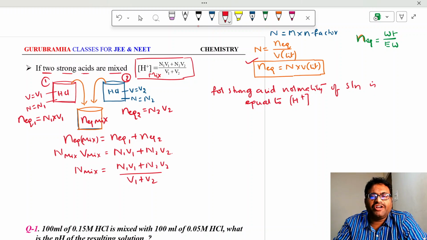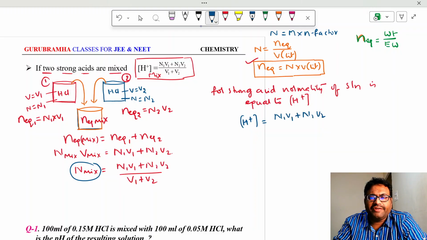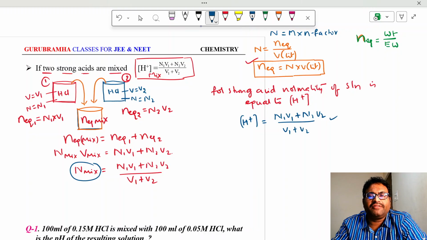So now what did we get here? Instead of writing normality, both are acids, so simply I can write H plus ion concentration is equal to N1 V1 plus N2 V2 by V1 plus V2. So this is the formula.